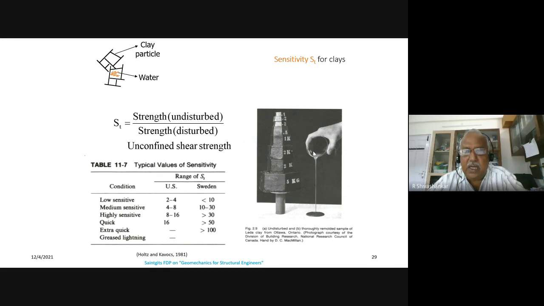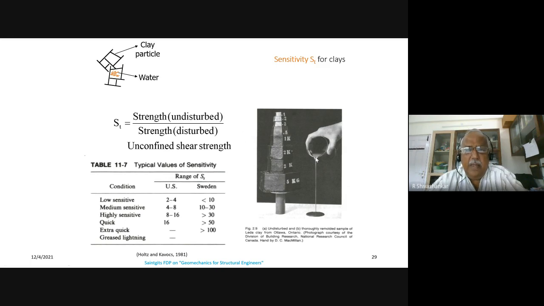If the soil is sensitive, the driving vibrations can disturb the soil under my structure, right? The strength could drop to as low as 1% of the undisturbed strength, or it can lose 50% of the strength. Depending on the sensitivity, some clays are highly sensitive. So there will be a loss of strength in shallow foundations as well as deep foundations.